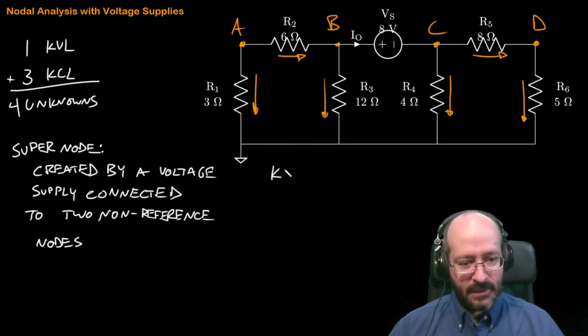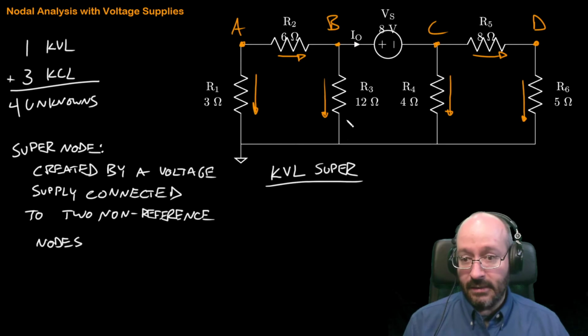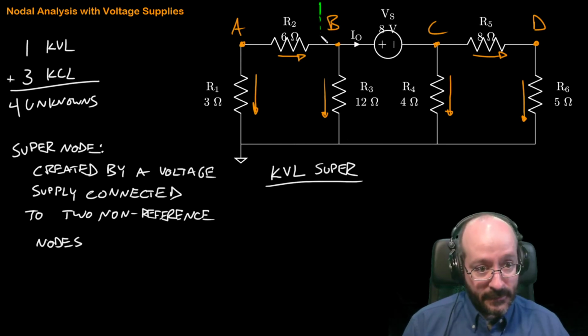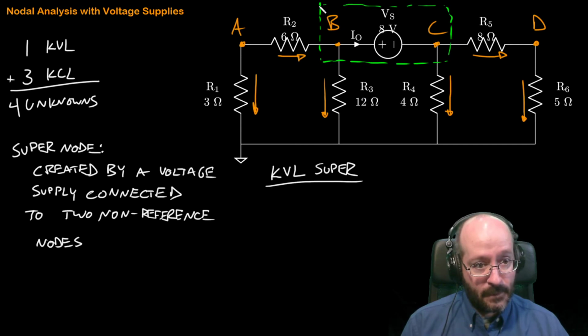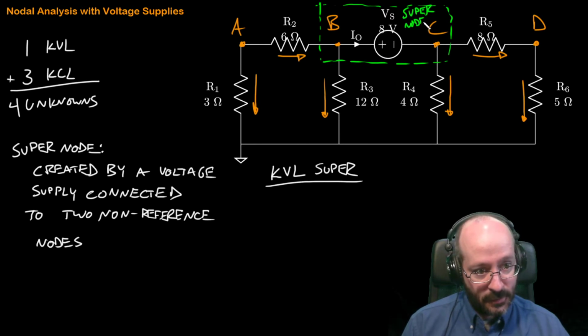So let's write the KVL for the super node. A lot of times what I do is I box this up and I go, okay, in here, those 2 nodes together form our super node, one big node.